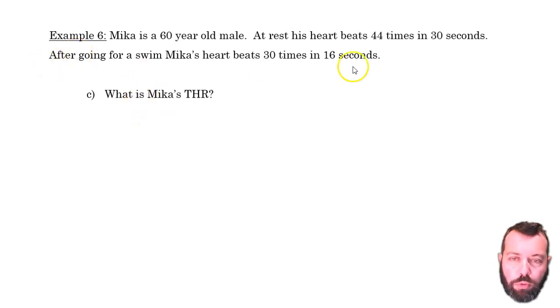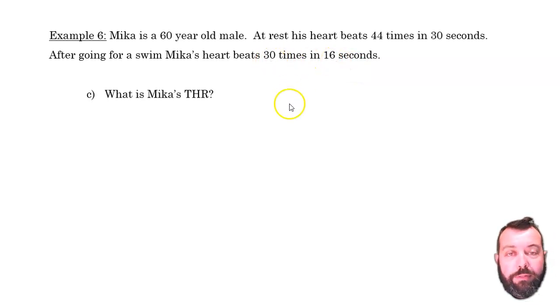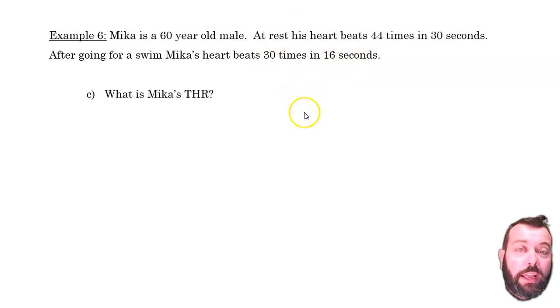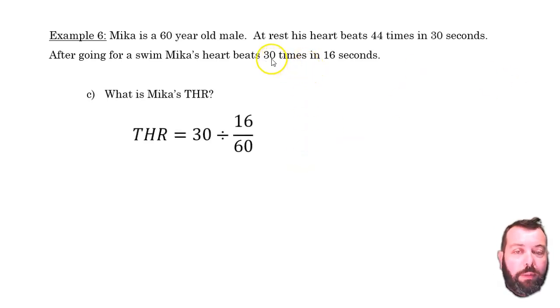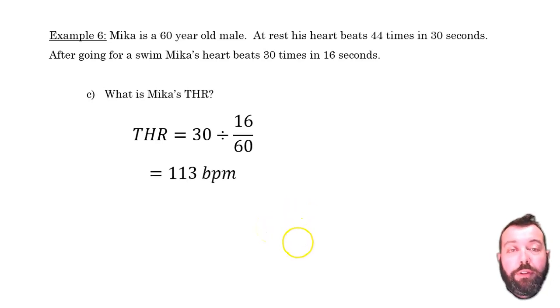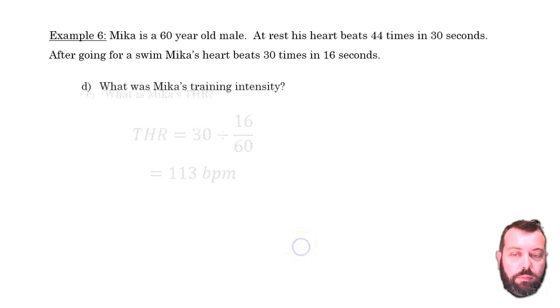No. We know after his exercise how many times his heart beats in a certain amount of time. So just like I calculated resting heart rate, I'm going to calculate Mika's training heart rate the same way. Number of beats divided by the number of minutes, 30 over 16 over 60, gives me 113 beats per minute is his training heart rate.